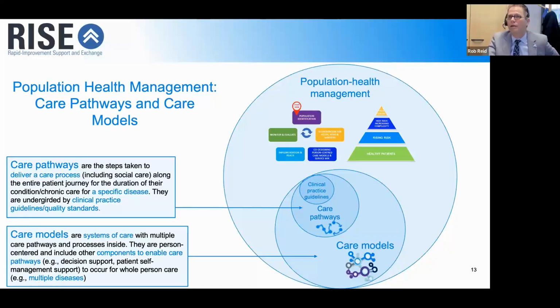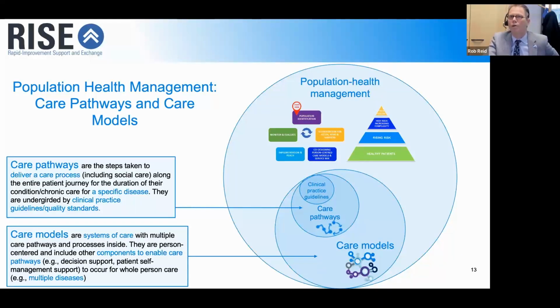These are embedded within clinical guidelines or within care pathways. Sometimes you'll hear the term care pathway also used synonymously with clinical pathway, and just to know that we're referring to the same thing here.